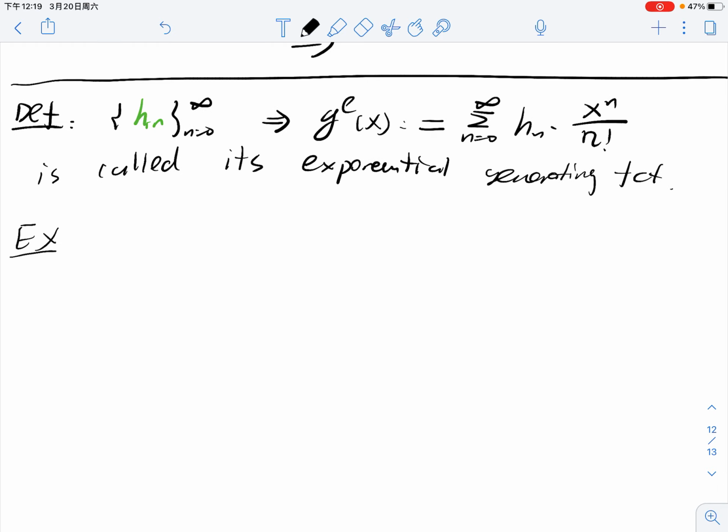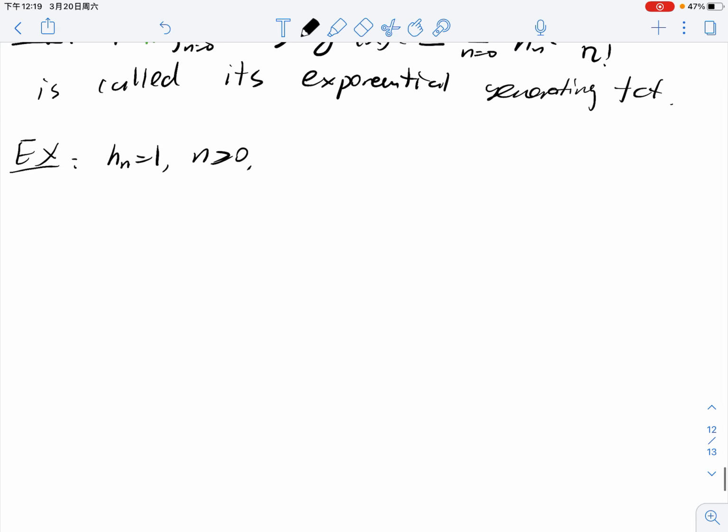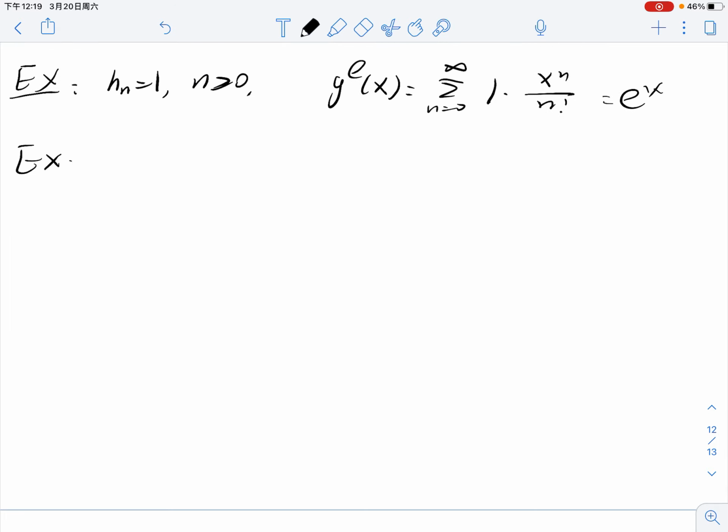And then we have some easy examples. When Hn is the constant sequence 1, then the generating function is just exponential x. Another example, which illustrates the reason why we introduced this, is the following.